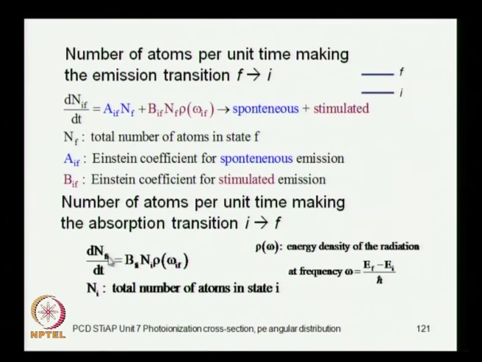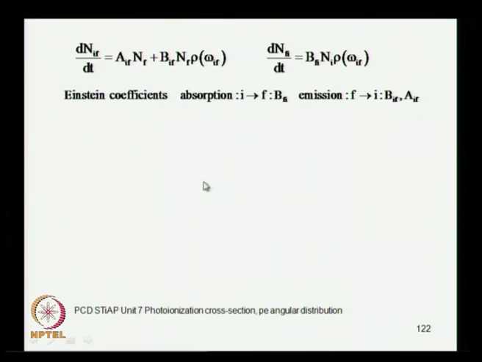The rate at which the population will change is determined by the number of atoms per unit time making the absorption transition from I to F, which will be given by this rate expression. Now you have these expressions for both absorption as well as emission, and if you have an equilibrium, then these two rates will necessarily be equal.